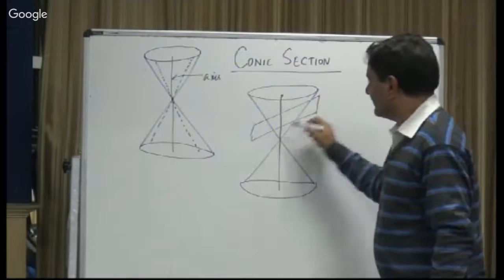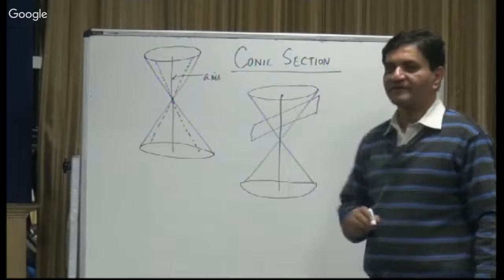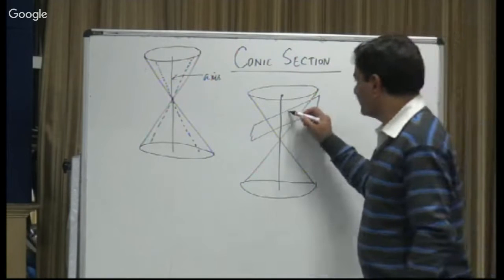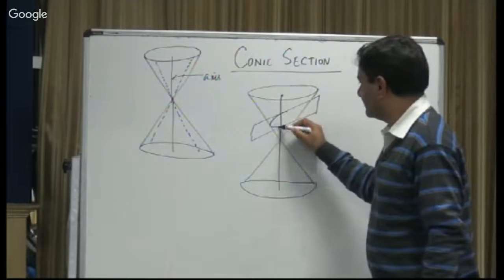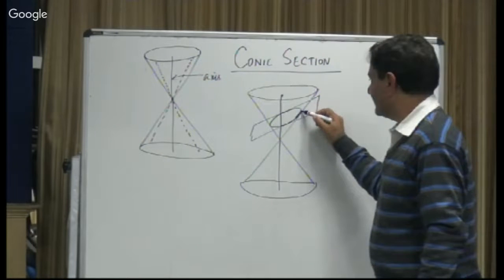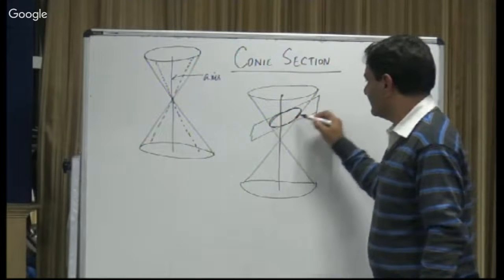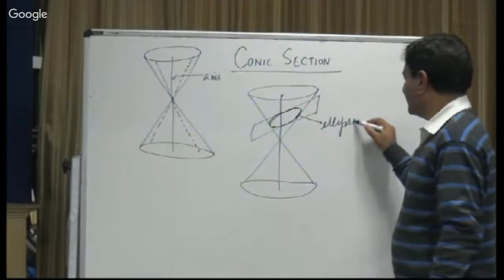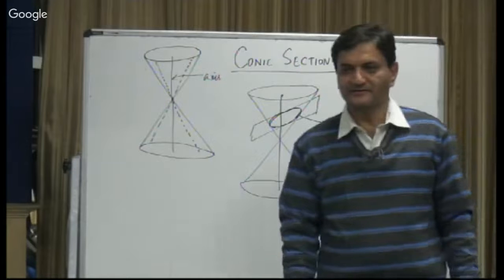Then what will be the point of intersection of the two, the plane and the cone? The curve which you will obtain will be of this shape. No, it will not be a circle. Yeah, it will be elliptical. So this curve is an ellipse. So therefore, ellipse is one of the conic sections.